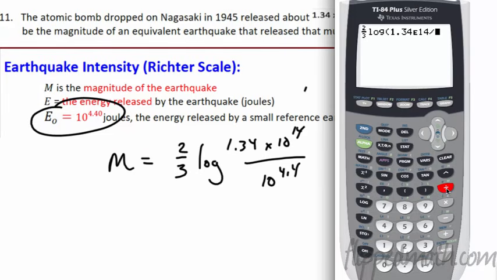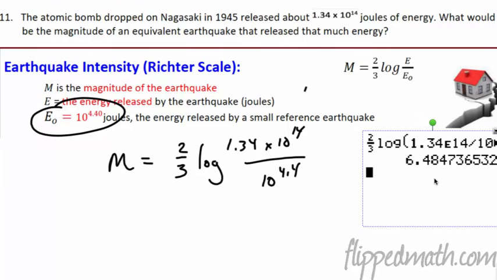We need to divide by 10 raised to the 4.4 power. So we're going to raise that to the 4.4 power. Ta-da! And we need to take that and bring it down. A lot of extra button pushing there, but we get 6.48. That's going to be our final answer here.